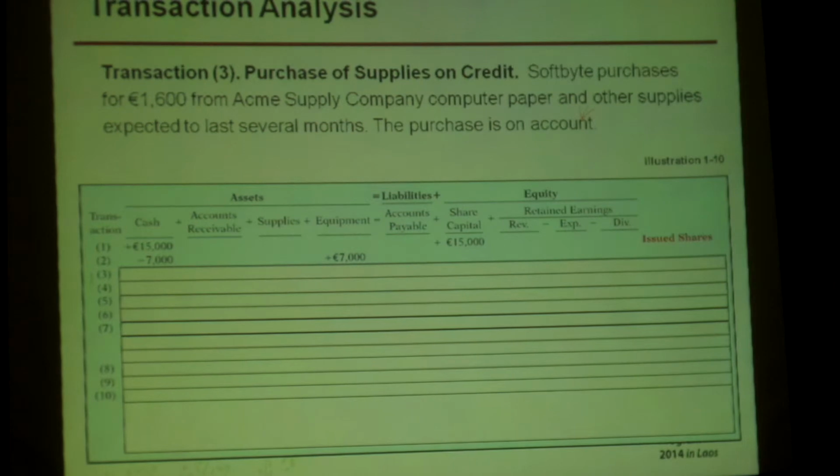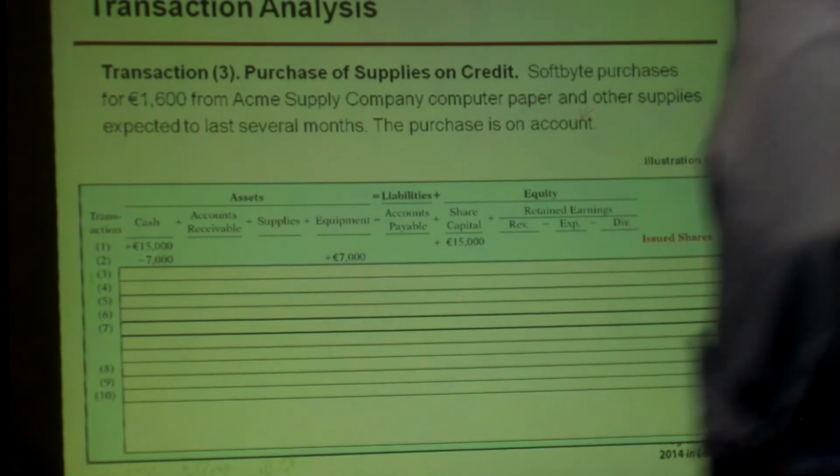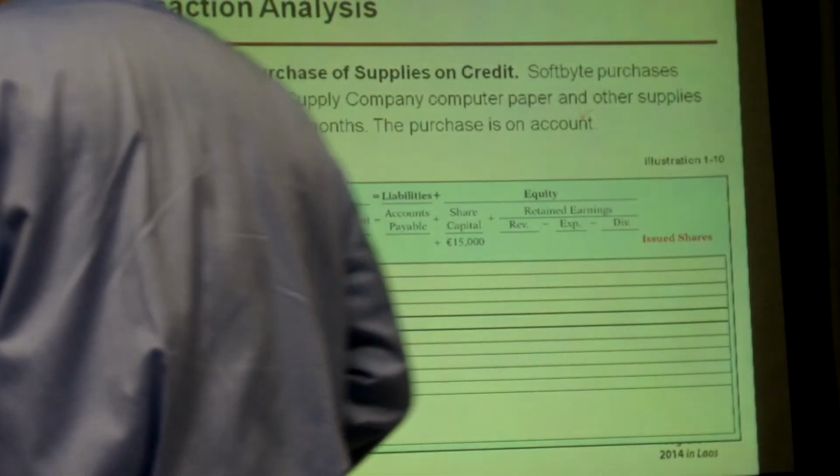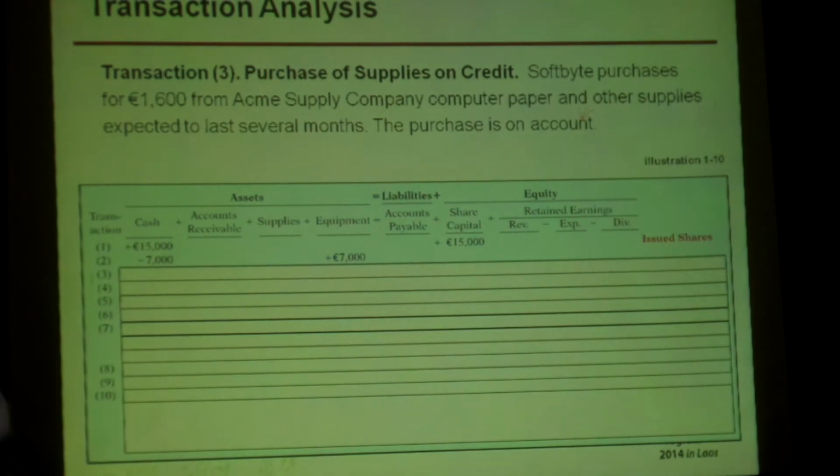Software purchase for 1,600 euros from a supply company, computer, paper, and other supplies, expected to last several months. Purchase is on account. Okay, what does purchase on account mean? The lady, I'm asking a lady.